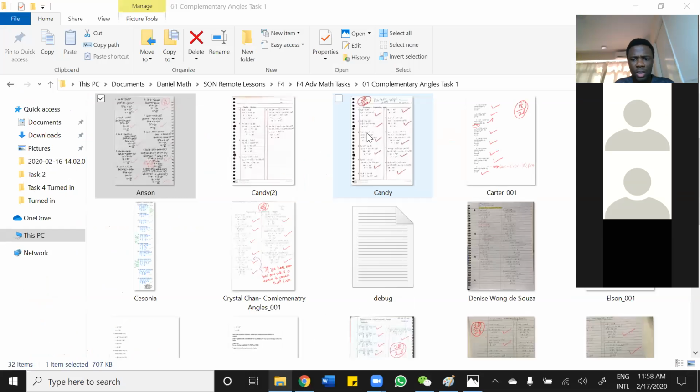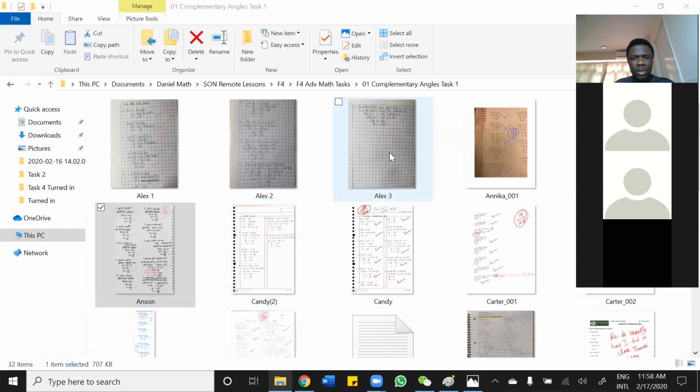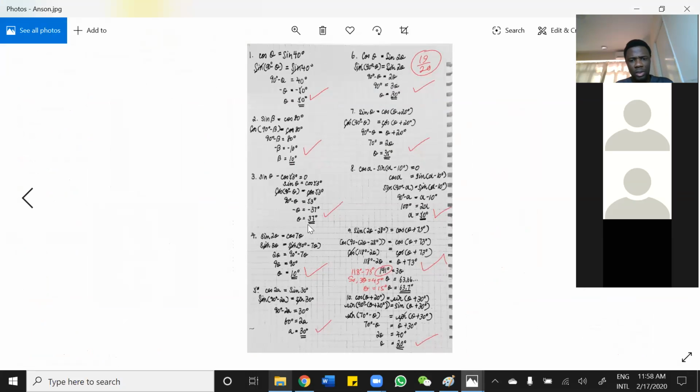Anyway, so this is Ansen's work. You can see the neatness is clear enough. I don't know how she took this picture. Maybe she scanned it with some application. Ansen, did you scan with an application or you just took a picture and your hand was so straight? So this looks like scan work to me.